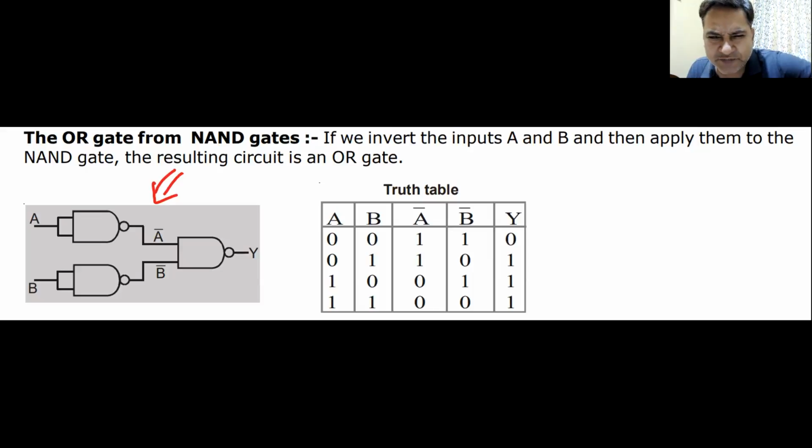Yes, sir. They will not ask you in your exam to convert an OR gate into a NAND gate, or a NAND gate into an OR gate. They will give you this big symbol and then they'll ask you what is the result. That's as simple as that.